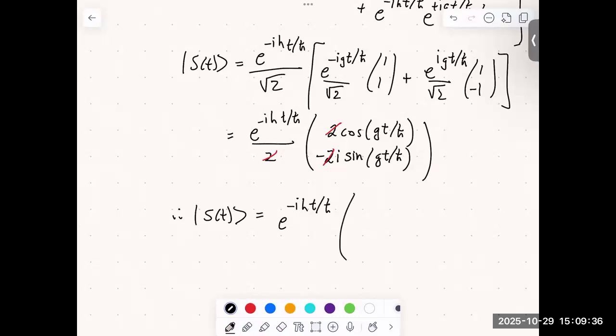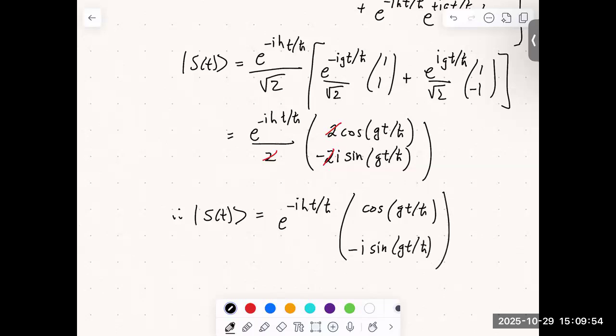And then we just have our cosine factor, cos g t over h bar, and our sine is minus i sine g t over h bar.